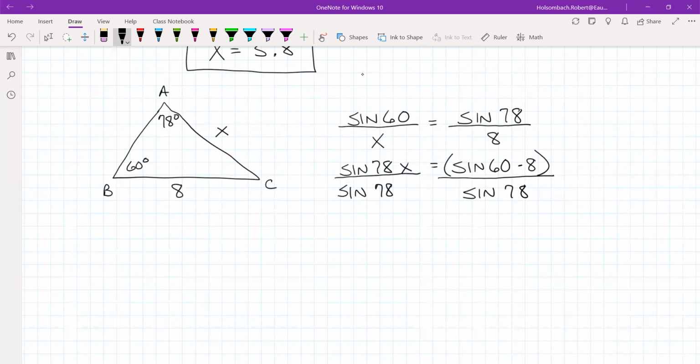The X is going to fall down. So again, 60 sine, no, it's not divided, it's times. 60 sine times 8 equals, divided by 78 sine equals, and I got 7.1.